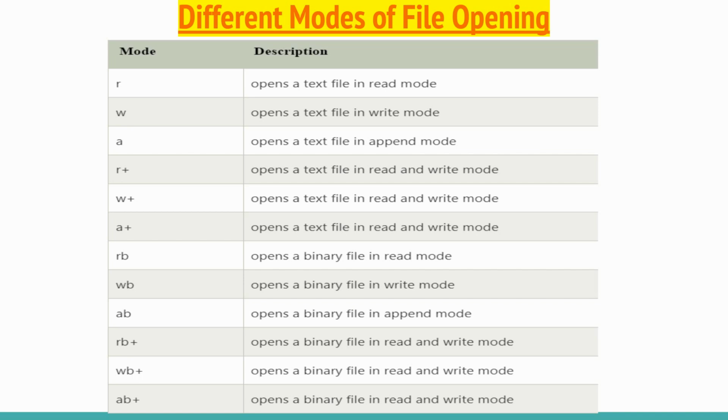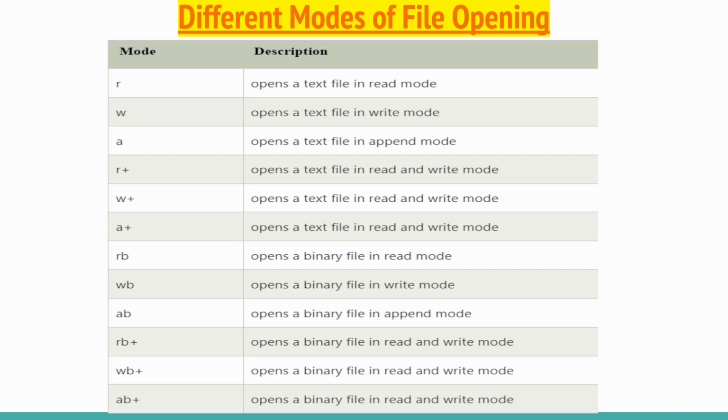So you need to add the mode as A. In append mode, the previous content also will be preserved and new content will be added after the old content. So both the contents will be there. But in write mode, old content is removed and new content is added. But in append mode, the new content is added after the old content. So both the contents will be there.